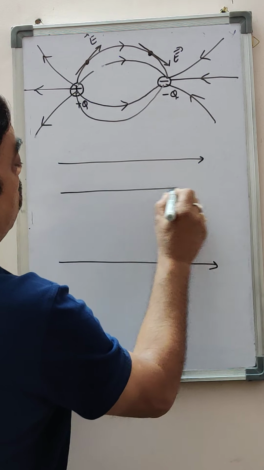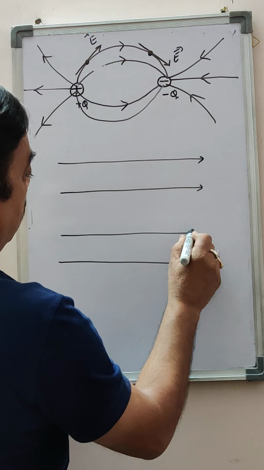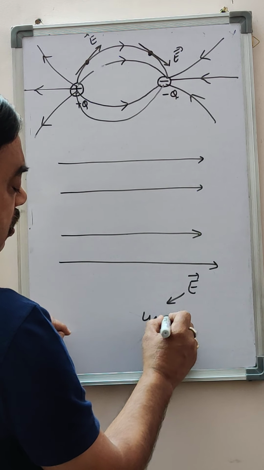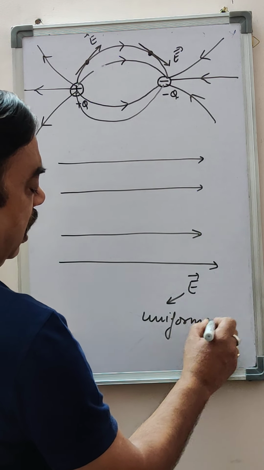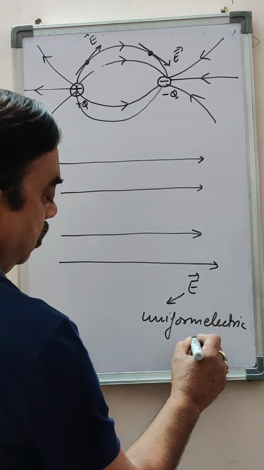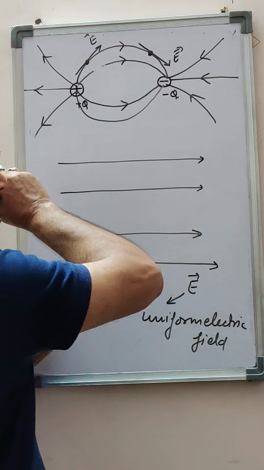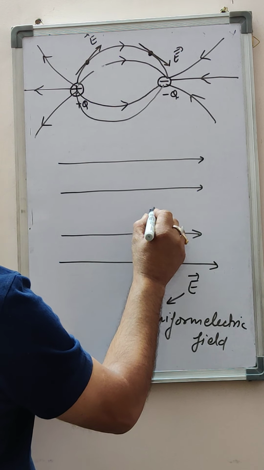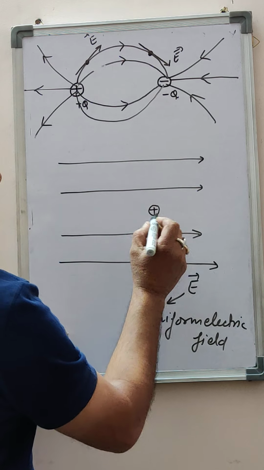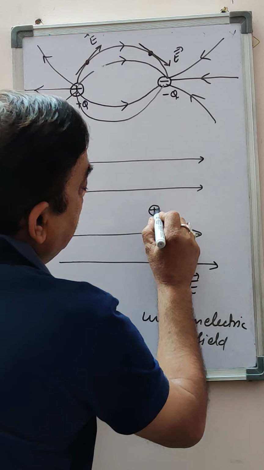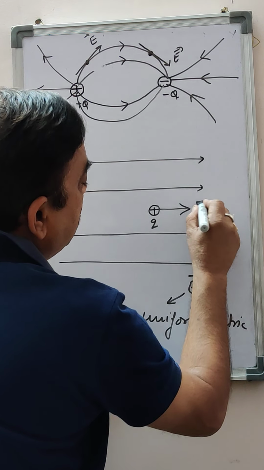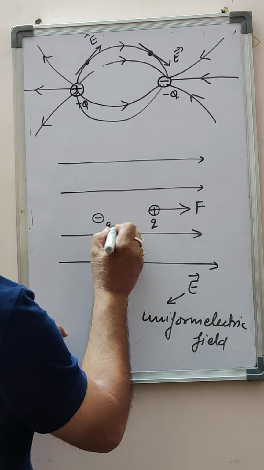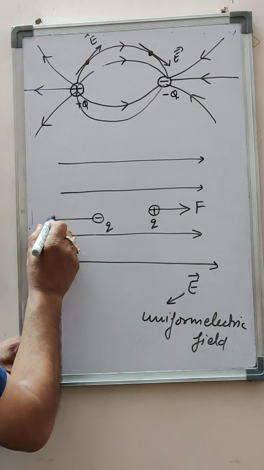Now if electric lines of force are represented by parallel lines, it will represent a uniform electric field. So the direction of field is this one. If you place plus Q charge over here, the force will be in the direction of field. If you are placing negative Q charge over here, then force will be opposite to the field.